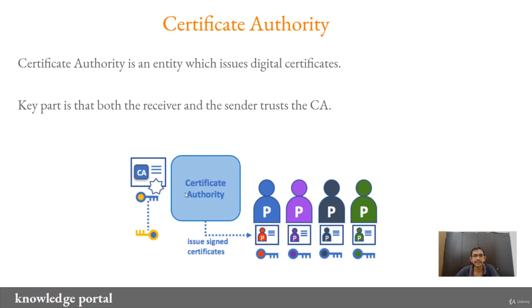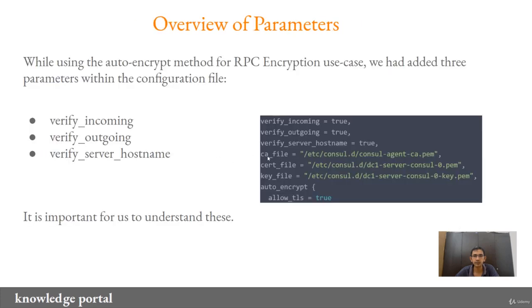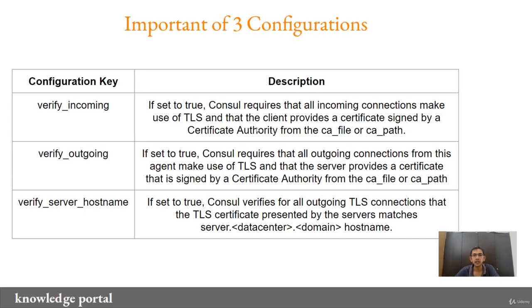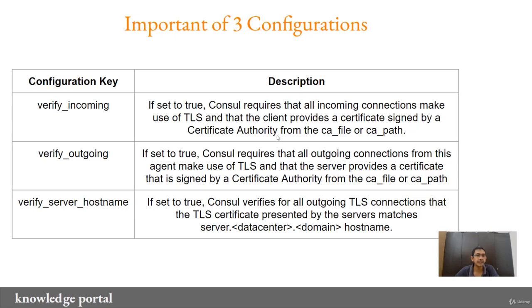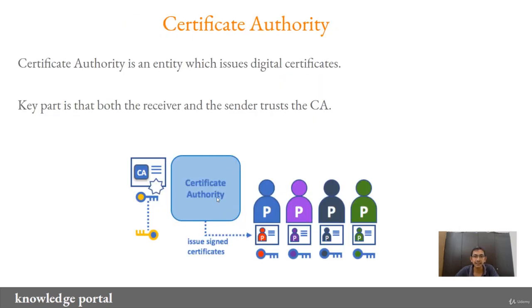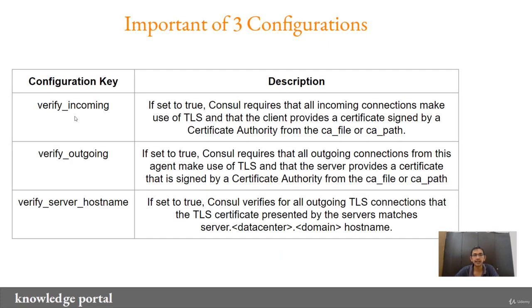What this basically means is that whatever certificate authority certificate is configured within the configuration file, the client should provide a certificate signed by that certificate authority. For example, here you have a certificate authority and this certificate authority issues some certificates. There can be other certificate authorities as well that might be issuing more certificates. What this ensures is that the client provides a certificate that is signed by the certificate authority that is configured within its configuration file. So that is the first one.